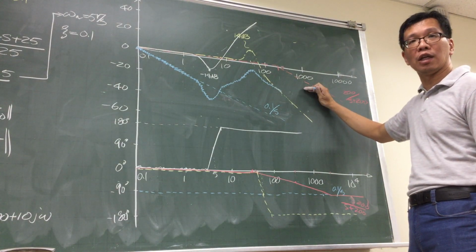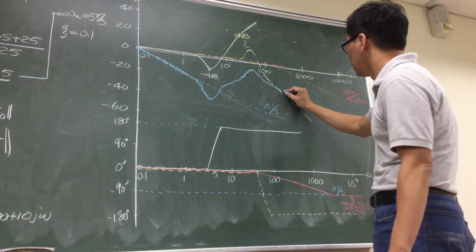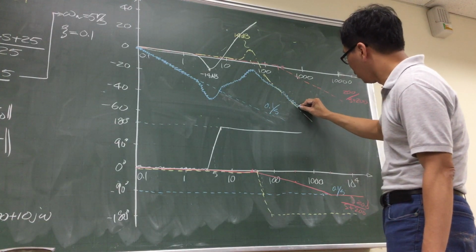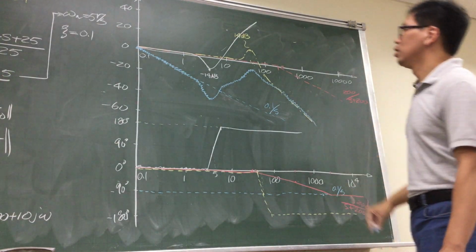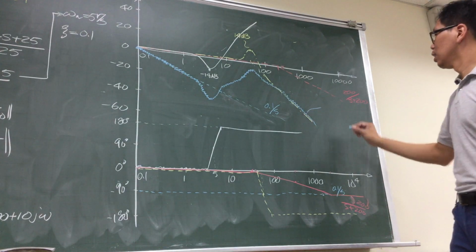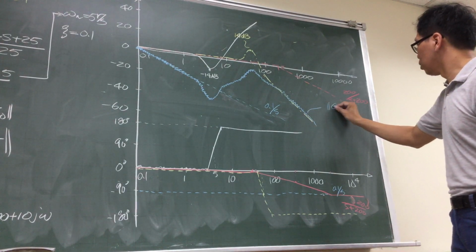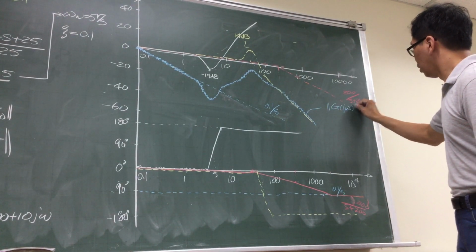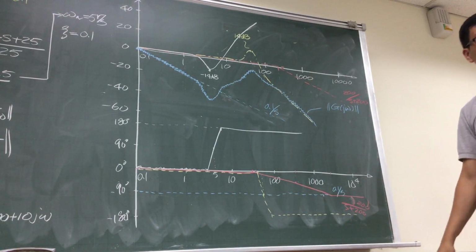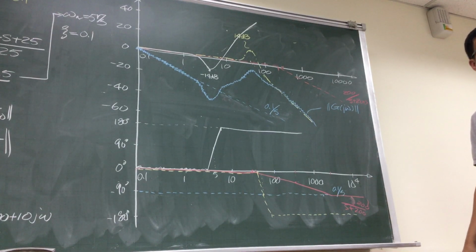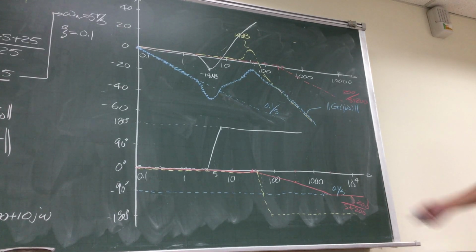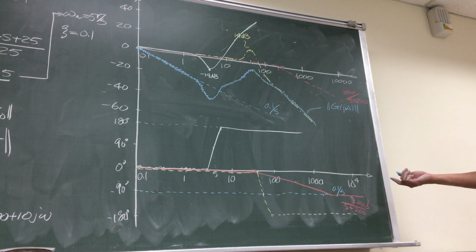You hit another -20, so it becomes -40 again. So this will be the system response of the overall G(j omega). Is that clear? Everybody understand what I'm doing over here? Though the line looks a little bit crazy, it should be straightforward to understand, right?